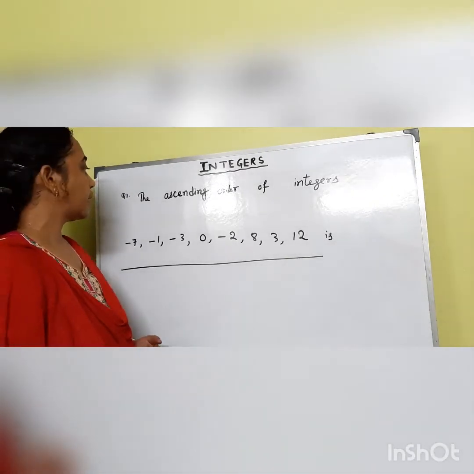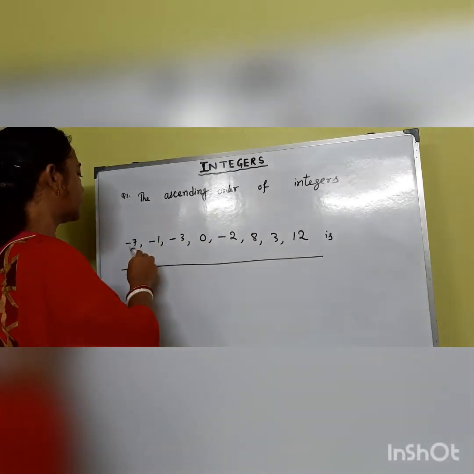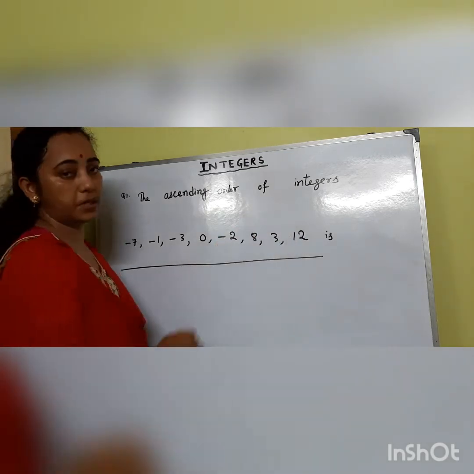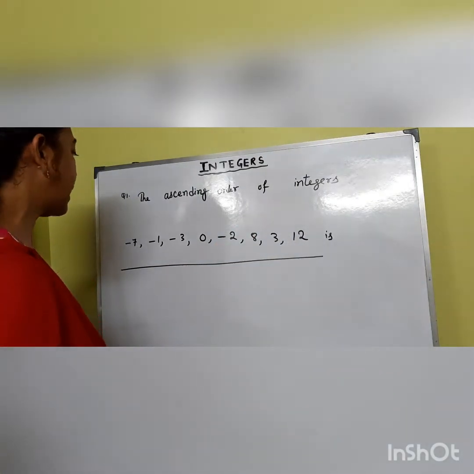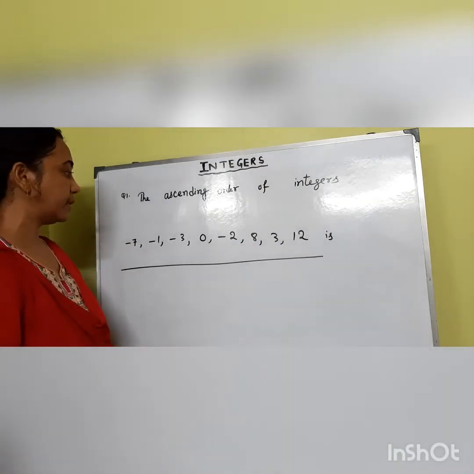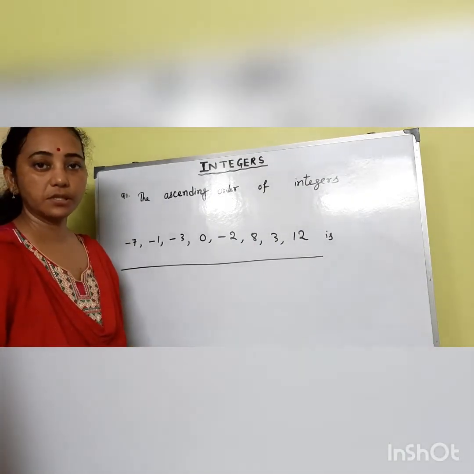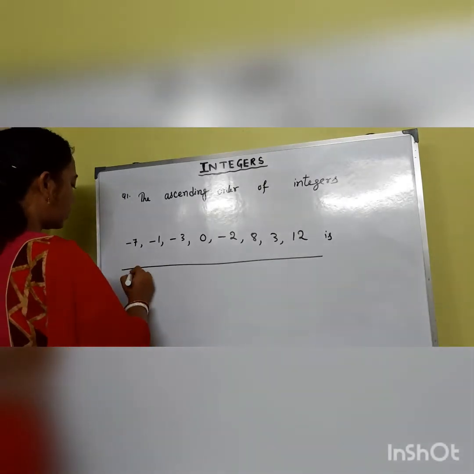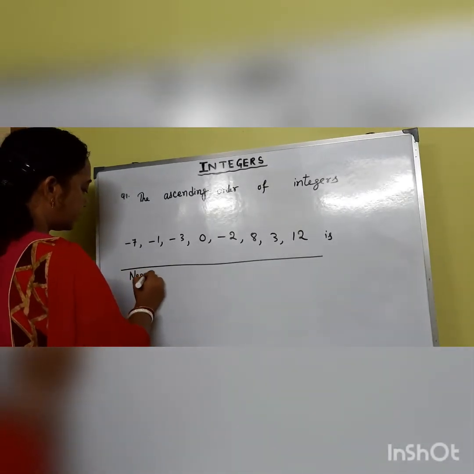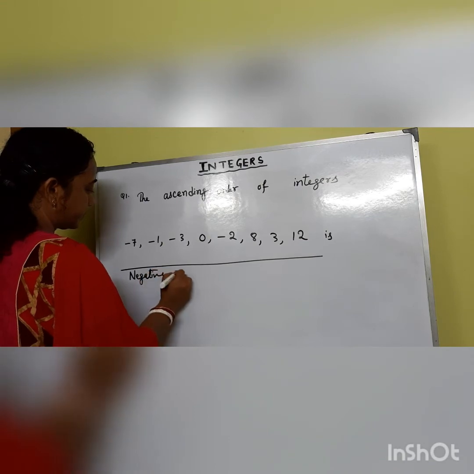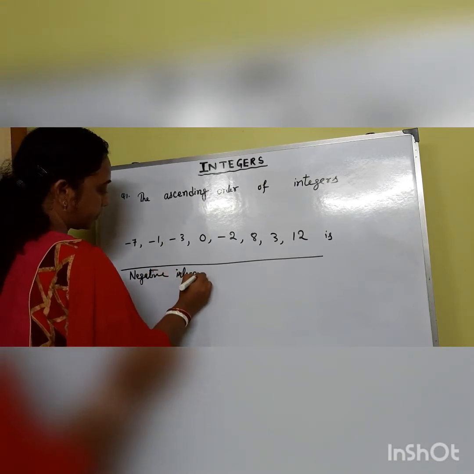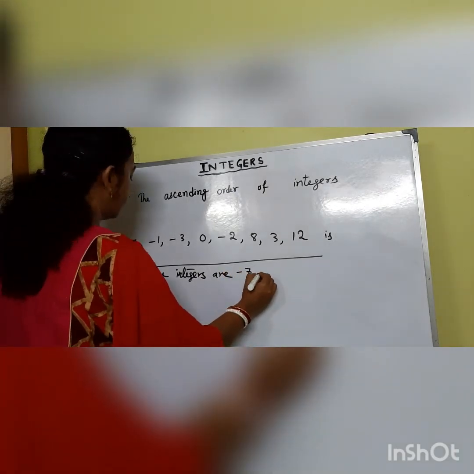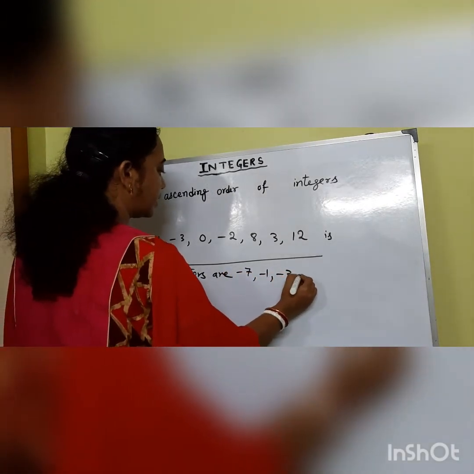Now, let us do one example. The ascending order of the integers minus 7, minus 1, minus 3, 0, minus 2, 8, 3, 12 is what? So, first we write all negative integers separately, then all positive integers separately. After that, we arrange them. The negative integers here are minus 7, minus 1, minus 3 and minus 2.